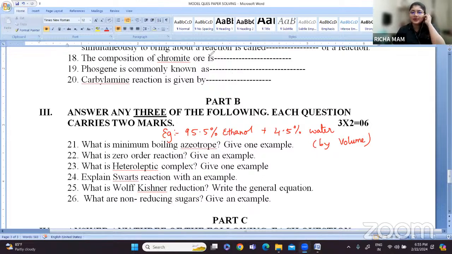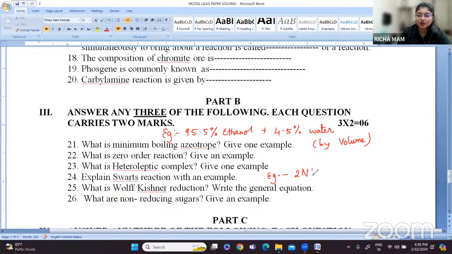Okay, so I'll tell the example. One more time I'll give the definition: the rate of the reaction is independent of concentration of the reactant. The example for zero order reaction is decomposition of ammonia on a hot platinum surface at high pressure.